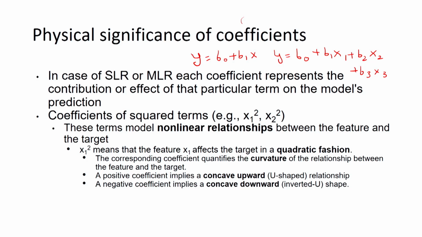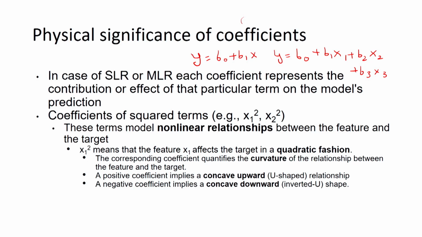So the independent variable x1 affects the dependent variable in a quadratic fashion, because we have the x1 square term in our model. So the corresponding coefficient quantifies the curvature of the relationship between x1 and the target variable.